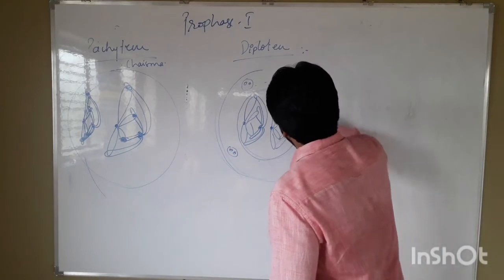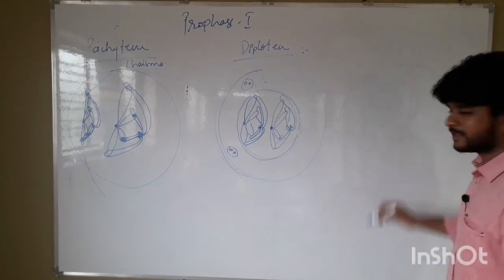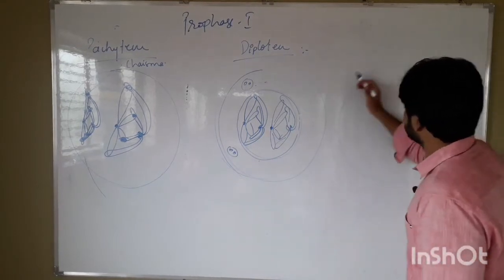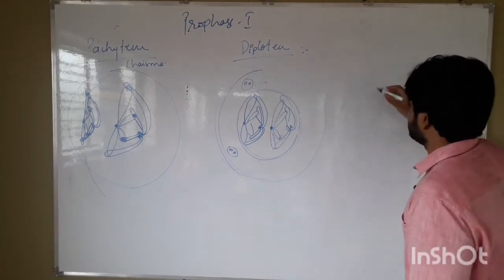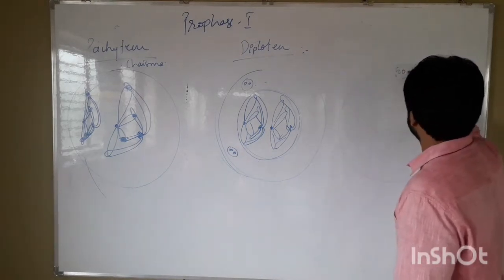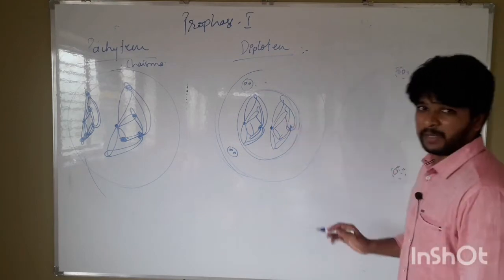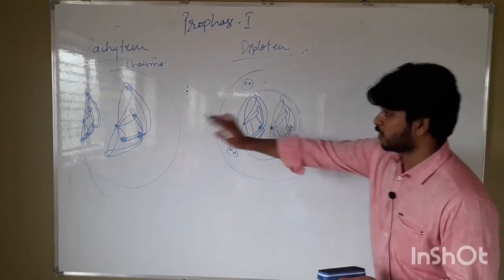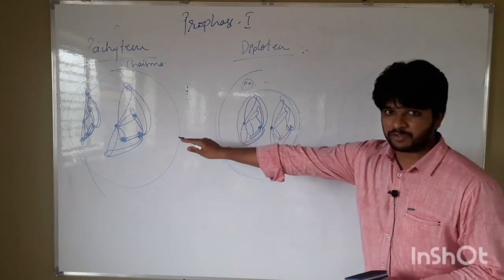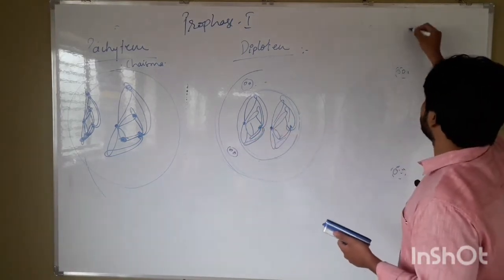After that the cell enters the next stage called diakinesis. During diakinesis, the nuclear membrane and nucleolus disappear, and the centrioles are present at the opposite poles.